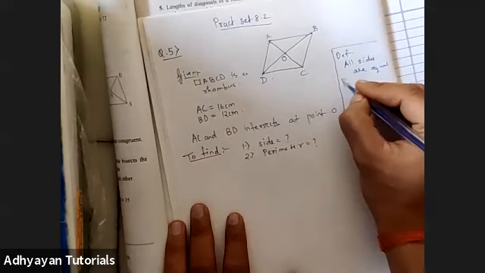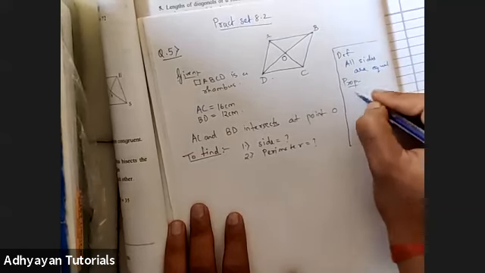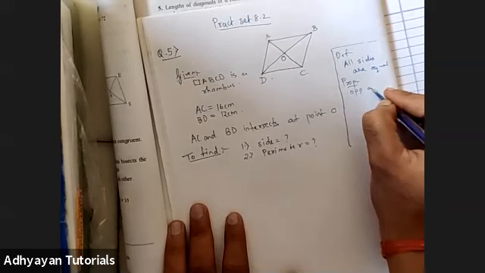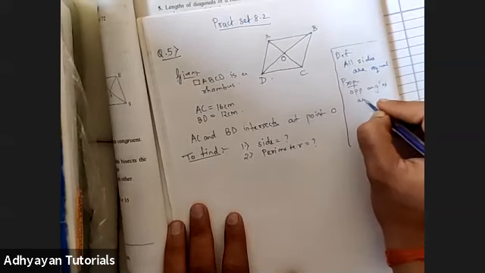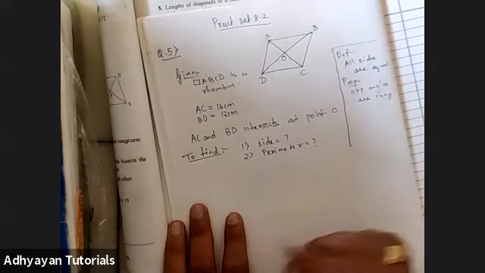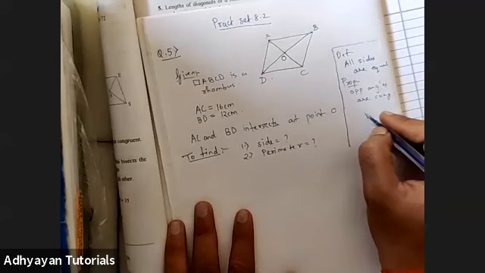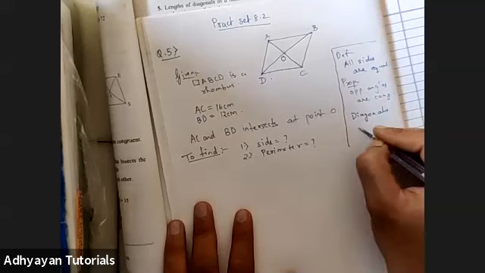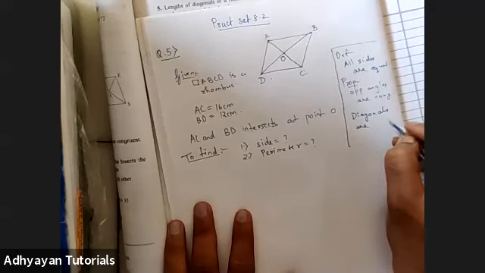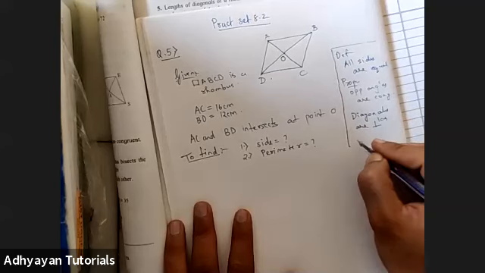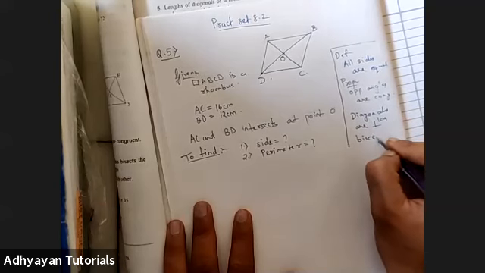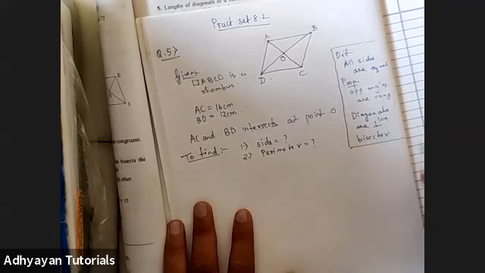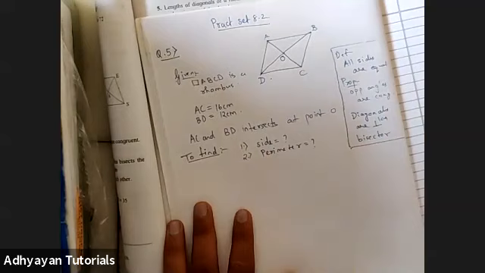Second property, we spoke that opposite angles are congruent, right, children? Then we spoke that diagonals are perpendicular bisector of each other. So this T-like symbol is like perpendicular bisector of each other. So these are the three things which we need to remember about a rhombus.